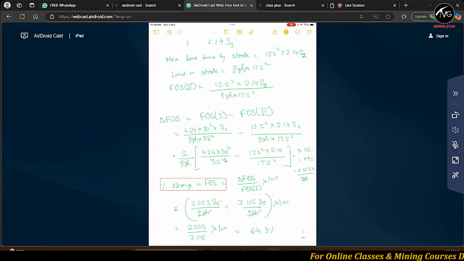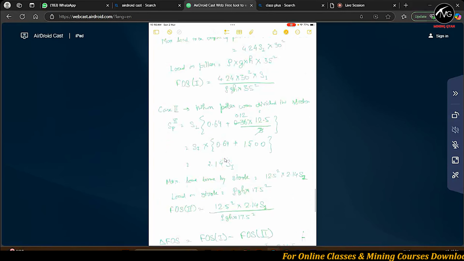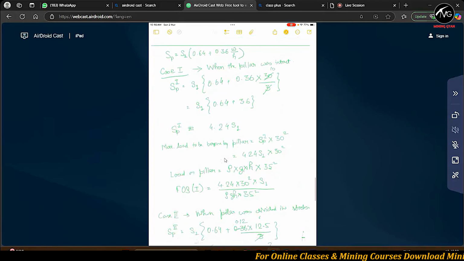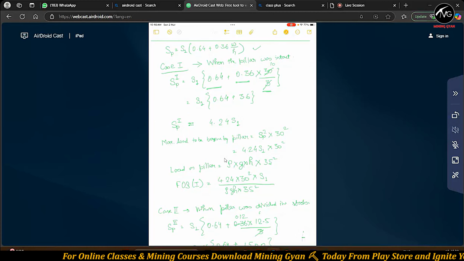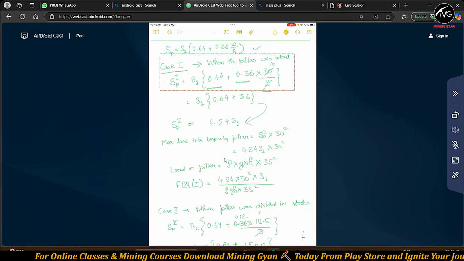As I have discussed, we first have to find the strength of the pillar. In case one, when the pillar was intact, the strength was calculated as 0.64 plus 0.36 into 30, the width of the pillar, divided by the height of the mining, that is 3. This gave the strength of the pillar as 4.24 S1.